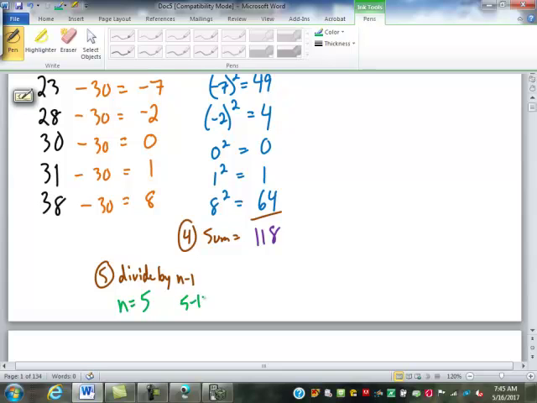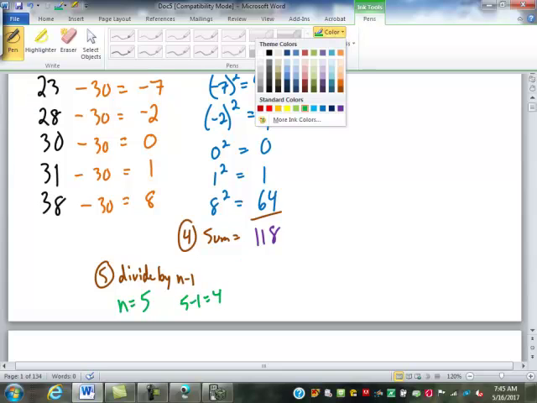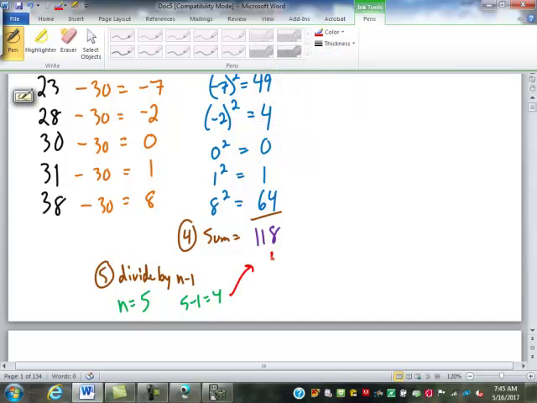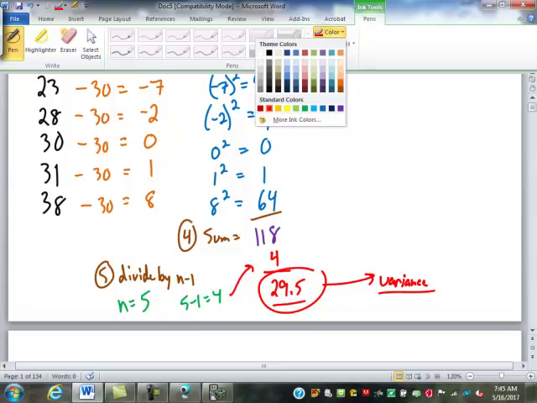So 5 minus 1 equals 4. So you divide by 4. What is that, 29.5? That number, by the way, would be called the variance. 29.5 after you've divided by n minus 1.